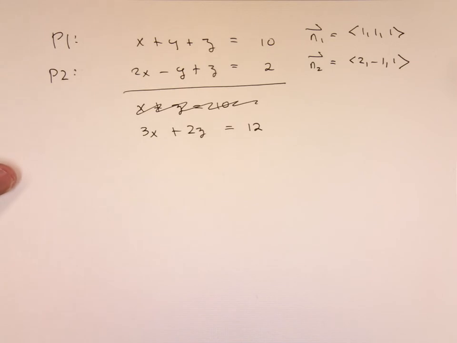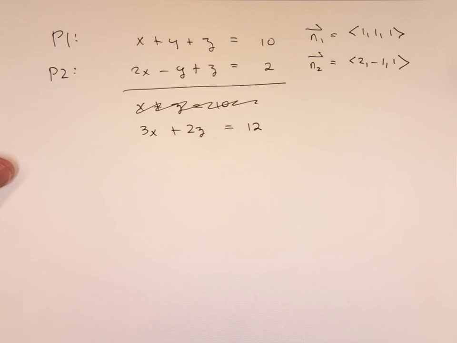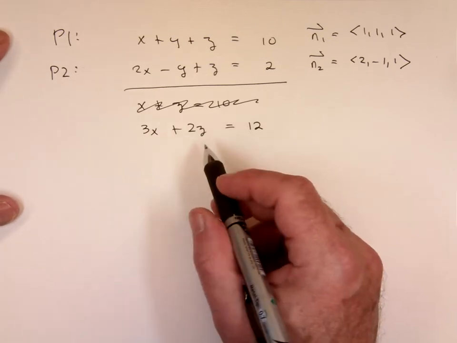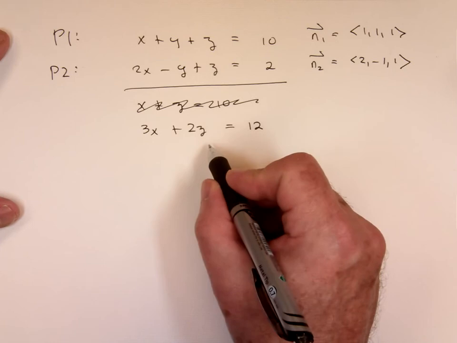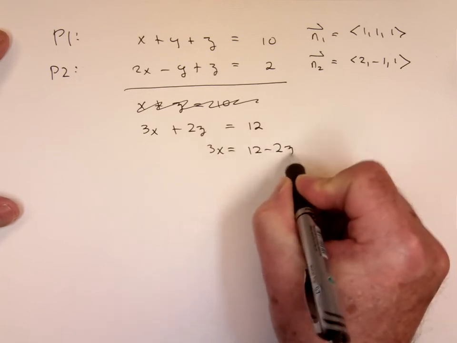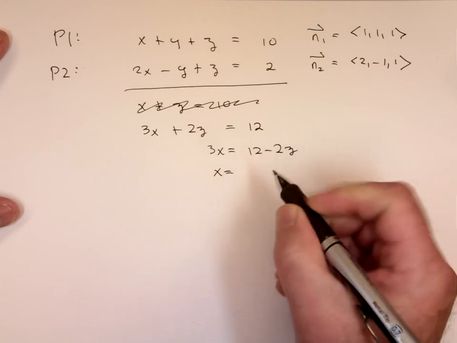Then I want to get one of these in terms of the other. It's going to be messy, but we can do it. So 3x is equal to 12 minus 2z, and x is equal to 12 minus 2z over 3.